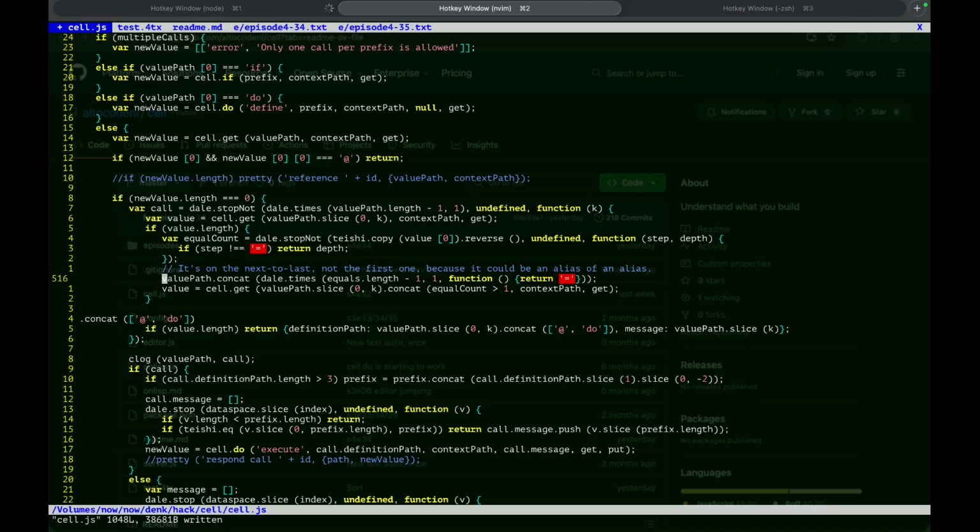So if there's 3 equals, I want to add 2, right? There's 2, I want to add 1.